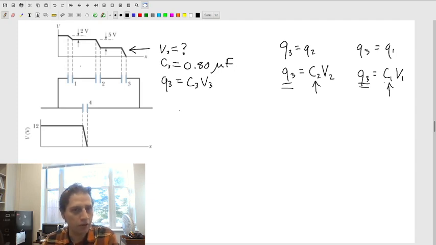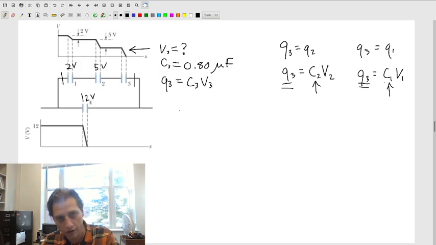Well, let's see. What other piece of information do we have? Well, we have that this is 12 volts. We know that this is 2 volts. This is 5 volts. Well, let's think about it. If this total potential difference is 12, then the potential difference between right here and right there is also 12. But we know the difference here is 2, the difference there is 5. The difference here is what?